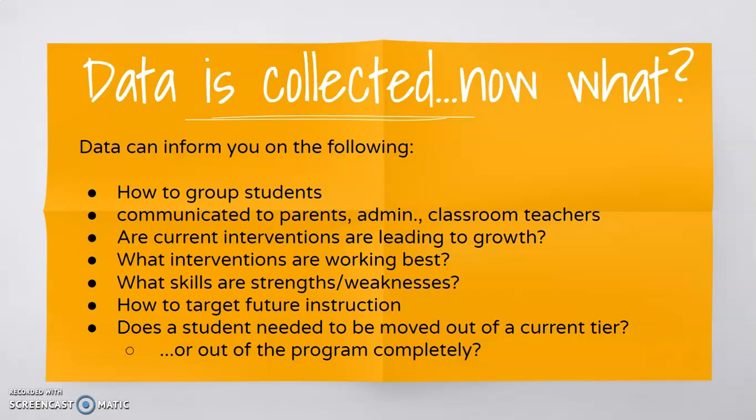This is going to help us target future instruction. Biggest takeaway, it targets future instruction. This is also going to tell us from an RTI perspective if a student needs to be moved out of a current tier. So if they're in tier 2, maybe they go to tier 1 and they get moved out of the program completely. It really just depends. This is going to be very useful, though, to target student need.